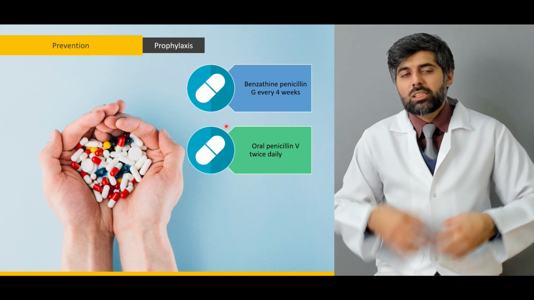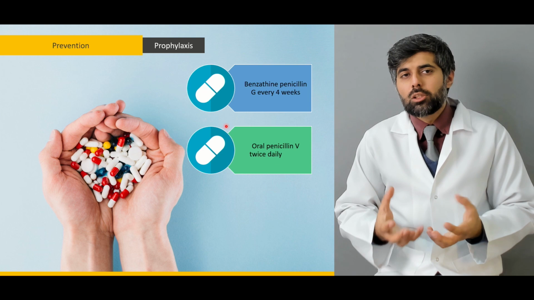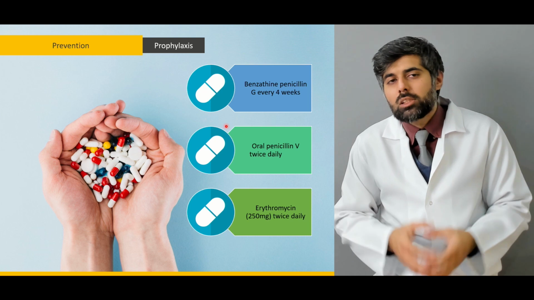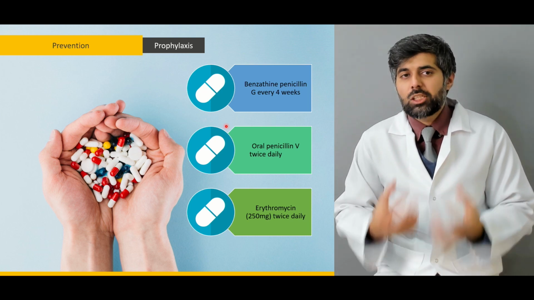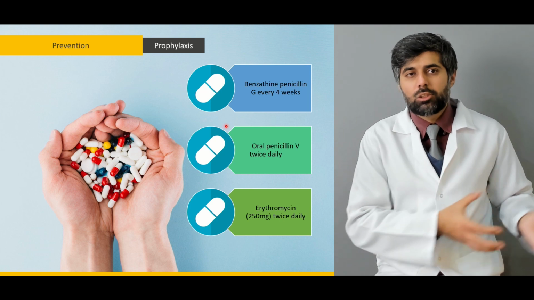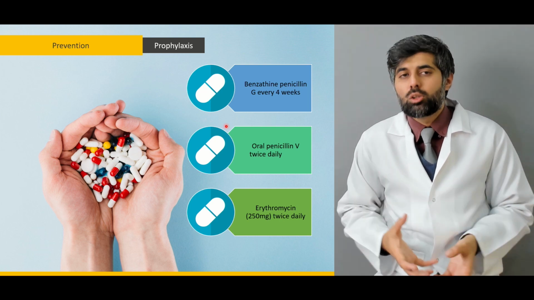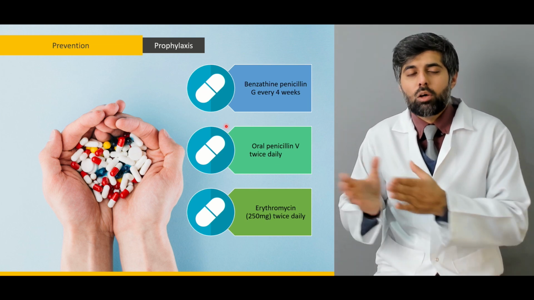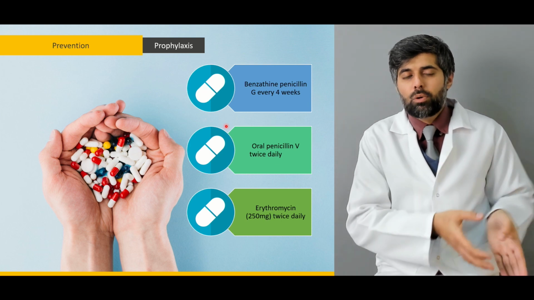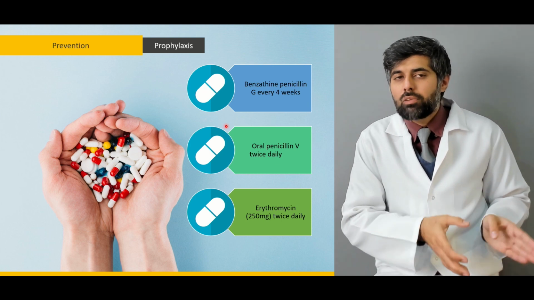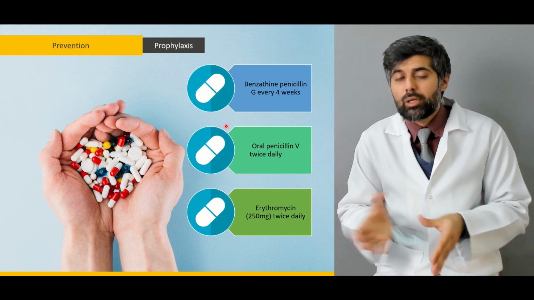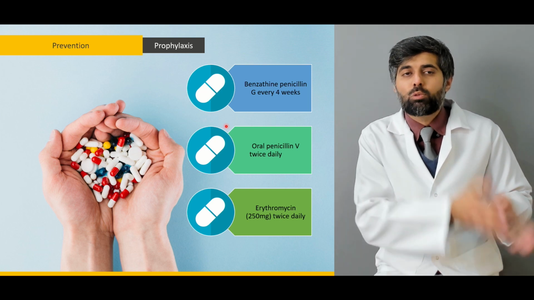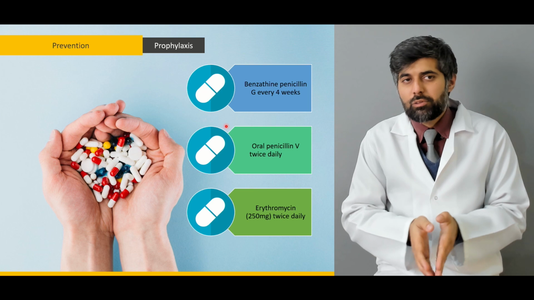If the patient is intolerant or has a reaction to the penicillin, then we can always give the patient erythromycin 250 milligram twice daily. So these drugs comprise the secondary prevention or prophylaxis in case of an acute rheumatic fever episode, because the primary prevention lies in changing the overcrowding and the hygiene of the patient.